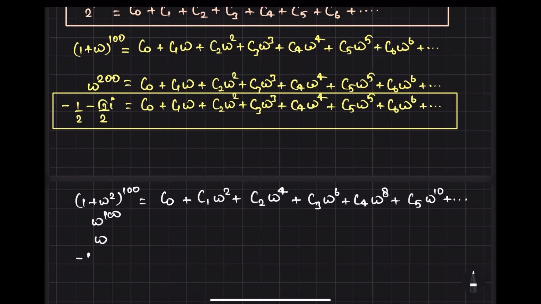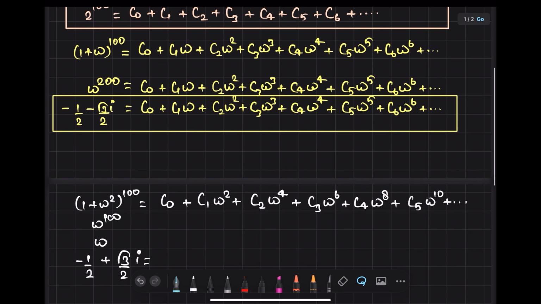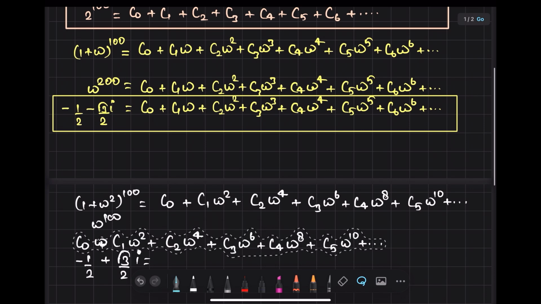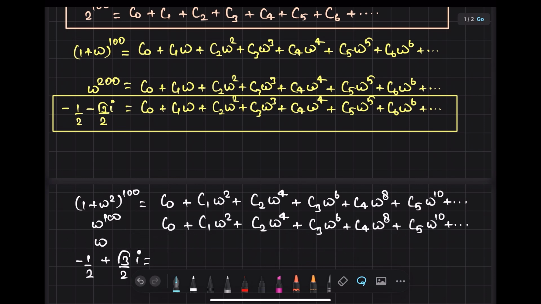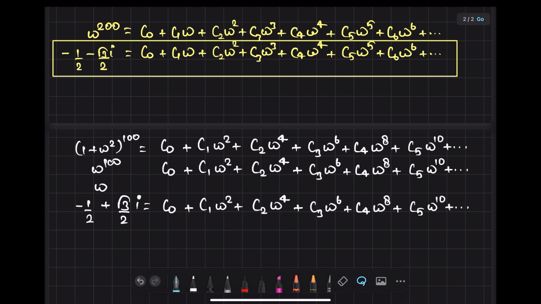Omega is minus 1 by 2 plus root 3 by 2 iota. I hope till this part you guys are okay. So this is the third equation.